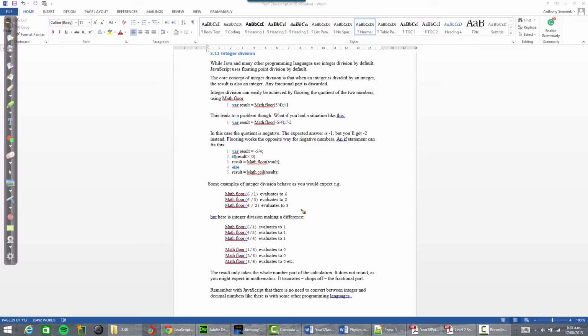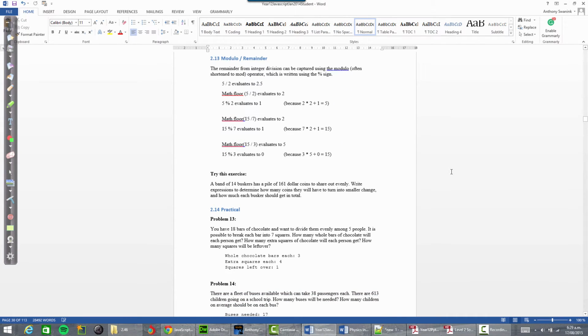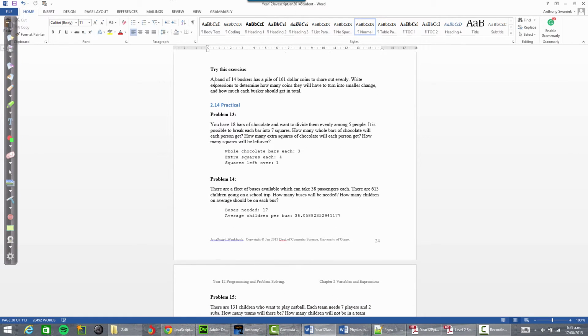Please read over this page here, but let's swap over to the next page down, and read that top part there as well. I'm going to have a look at these 2 problems here. Try this exercise, and then we'll have a look at problem 13.